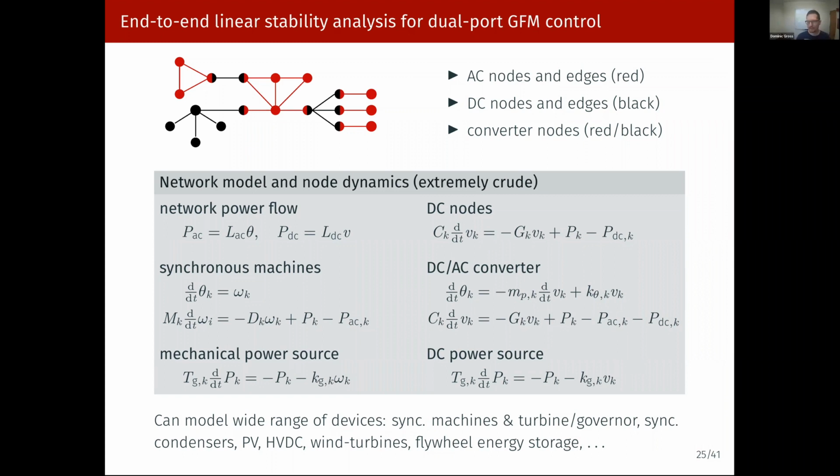Now the question becomes, how do you rigorously show that from a theoretical point of view, and from a practical point of view? How do you make sure that this is correct? So let's say I'm a system operator, I have my day ahead forecast, and for tomorrow, I want to be sure that there are going to be enough devices that actually contribute to stabilizing the grid so that all of this works.